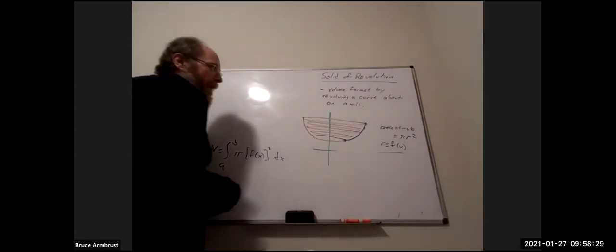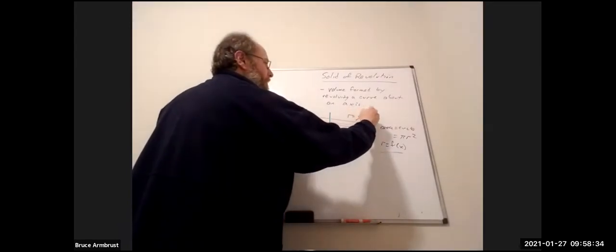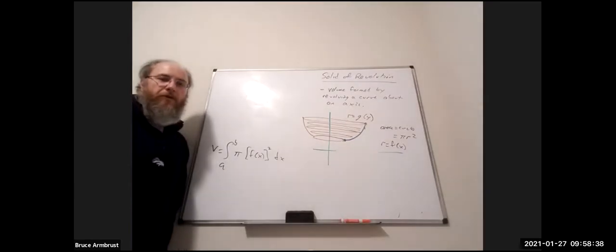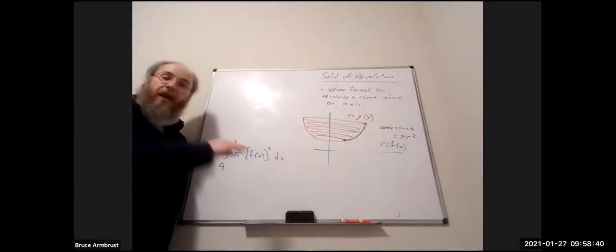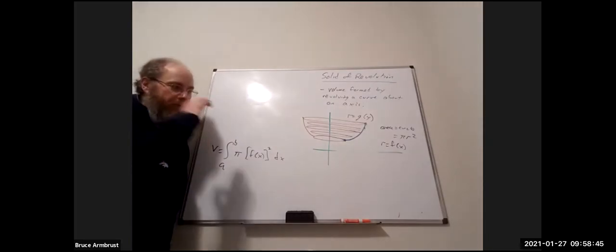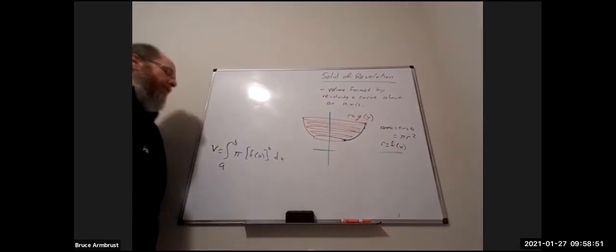And so in that case, the r is g of y. It's kind of like when we were looking earlier at those areas where we turn ourselves sideways. If we turn ourselves sideways here and think about this, then this is a function of y, and that's what gives us our radius.